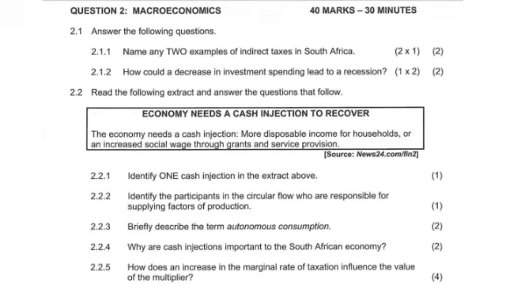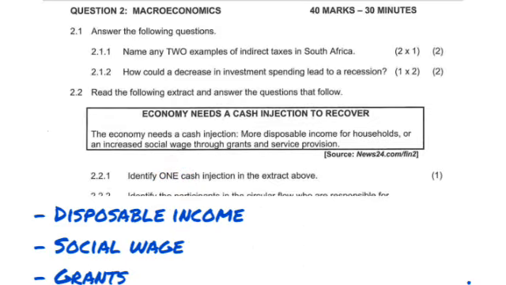So look at 2.2.1, it says, identify one cash injection in the extract above. Our extract says they needed more cash injections, and then they said more disposable income or an increase in social wage and through grants and service provision. So your cash injections are disposable income, social wage, and grants.